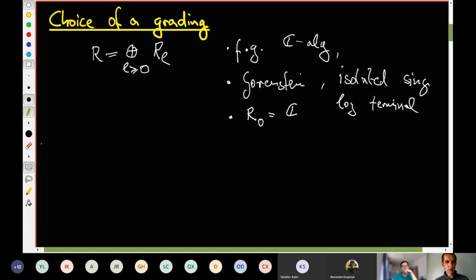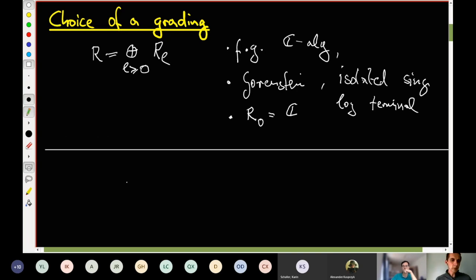Okay, and if you wish, you can think of the cone over a Fano manifold. And so I fixed the ring, but actually I fixed a little bit more. I also fixed a grading here. And such a choice of a grading is not necessarily unique. So there might be different possible choices.